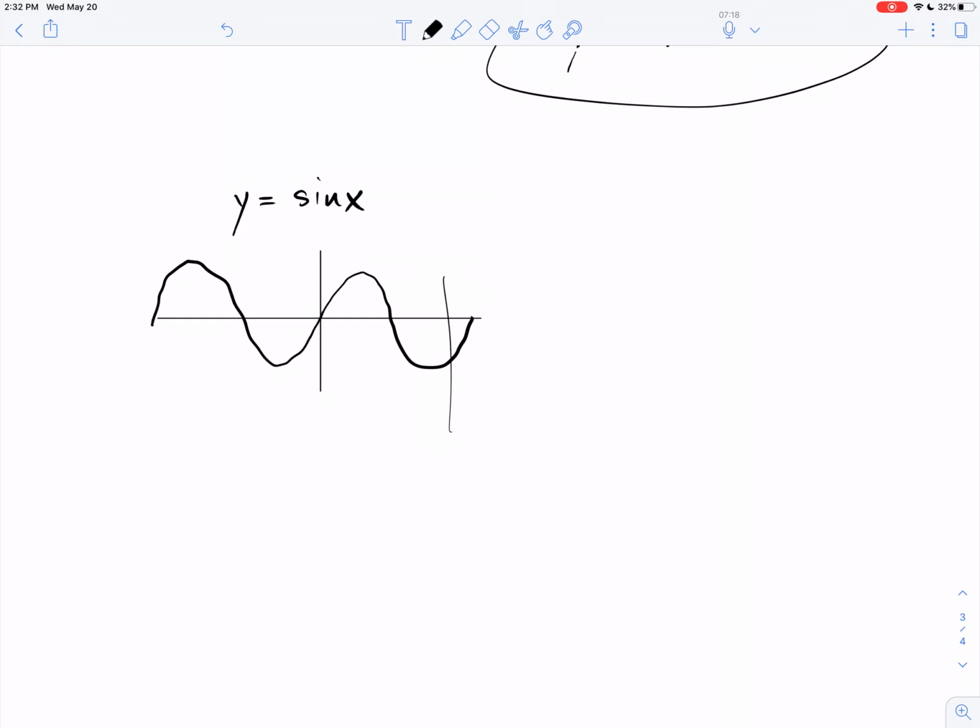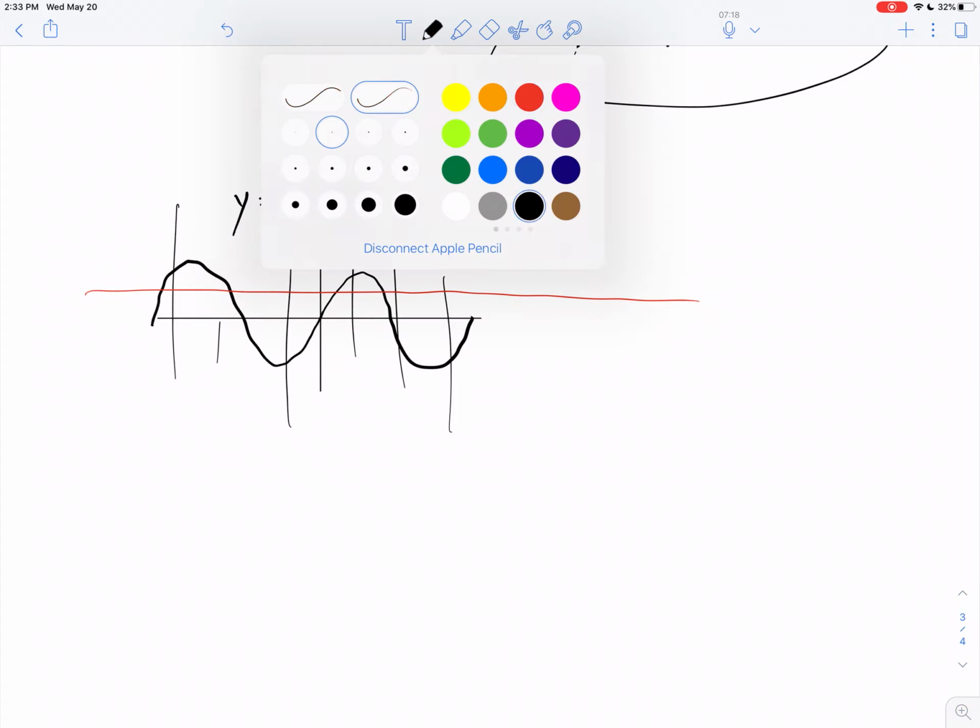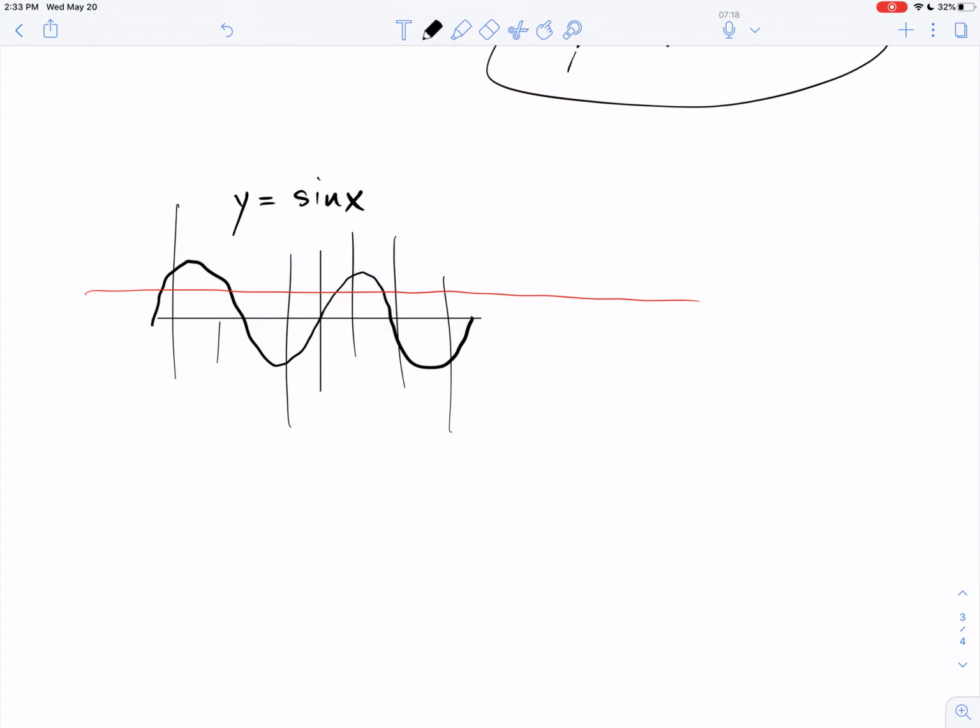I can draw a vertical line in a bunch of different spots and only hit it once. That's a legit function. But if I try to draw any horizontal line, smack, smack, smack, I would hit this thing infinitely. So when it comes to a sine graph, I have to make a restriction if I want to find its inverse.